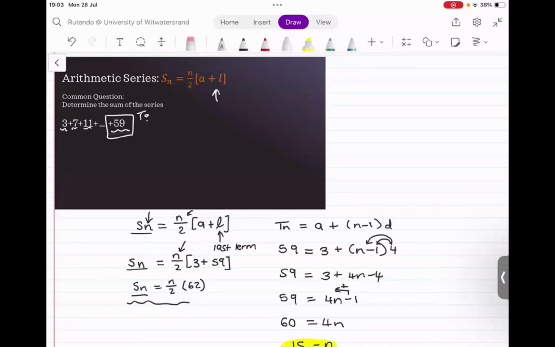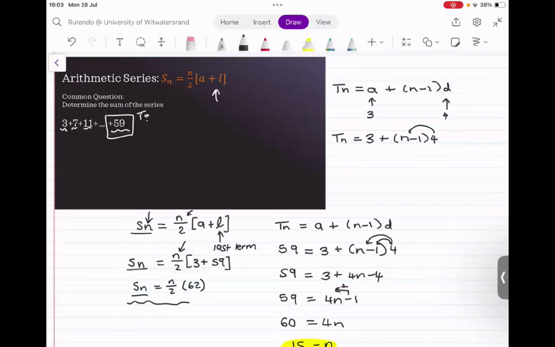And if we find our general formula, we know that Tn is equal to A plus n minus 1 times D. We said that our A was 3, and we said that our D was 4. So now we can say Tn is equal to 3 plus n minus 1 times 4.